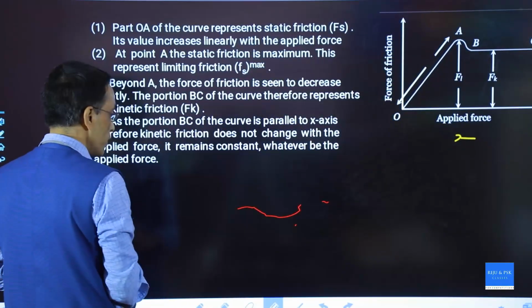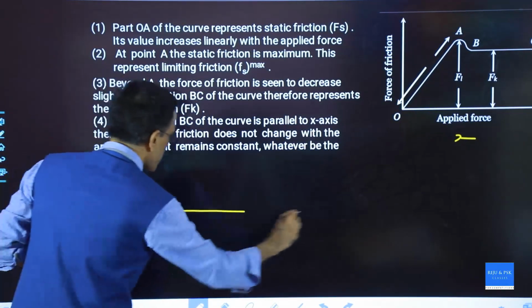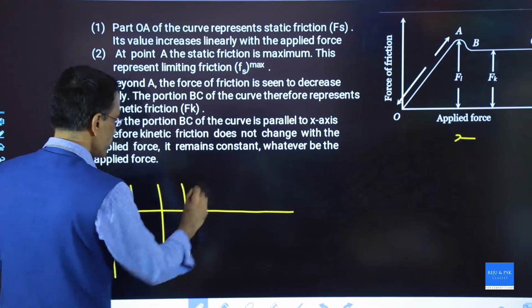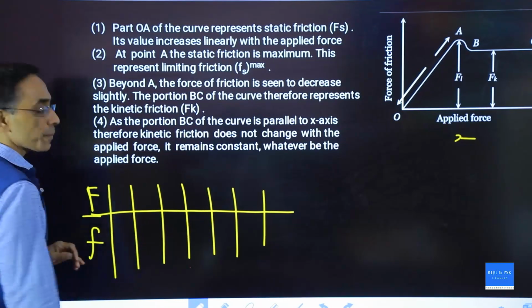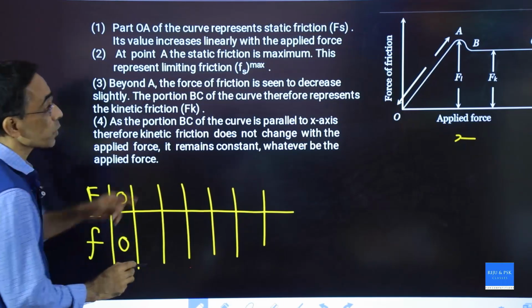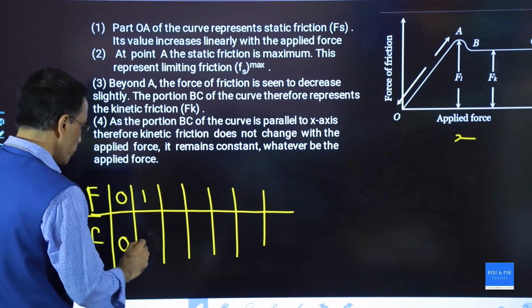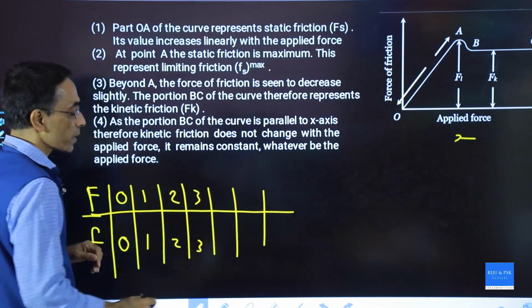This is the applied force and this is the friction. Applied force is 0, frictional force is 0. So, look at the graph. Applied force 1, friction 1, applied 2, friction 2, applied 3, friction 3.